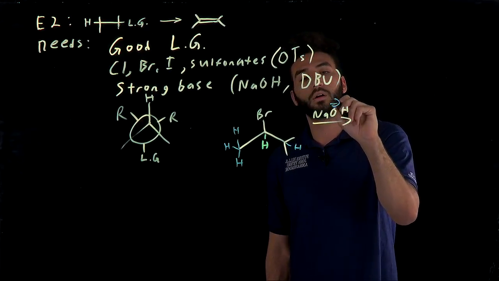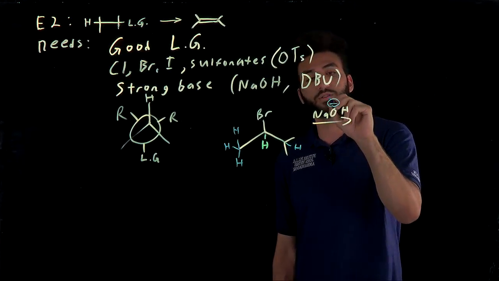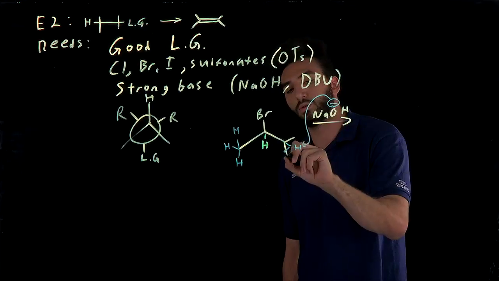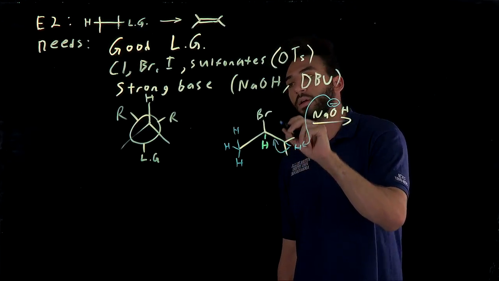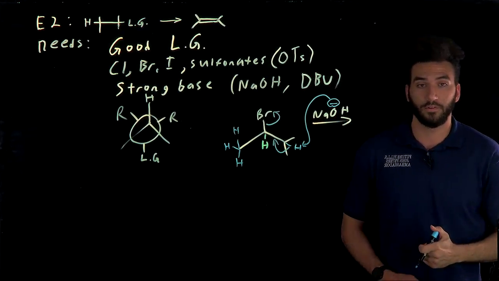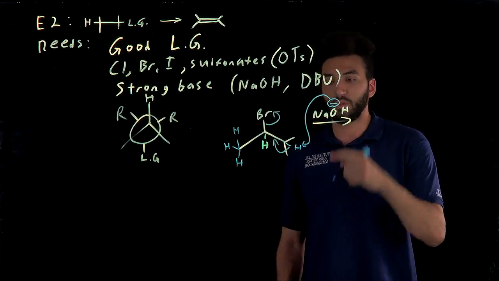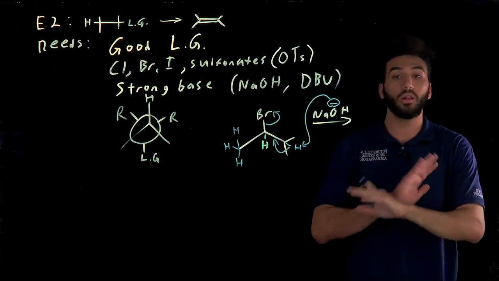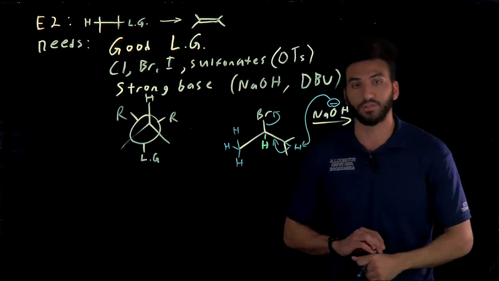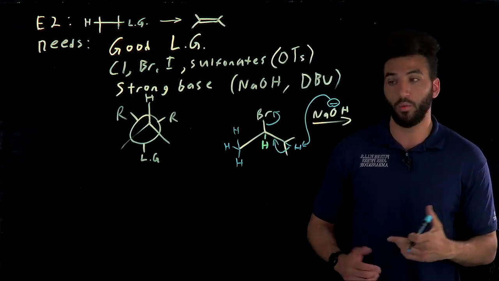So here, OH's negative charge is going to pull this hydrogen. This hydrogen is going to form that bond, and then this Br is going to leave. That is your mechanism for an E2 reaction, right? Just these three things happening all in one step, okay? That's why E2 is a concerted reaction. Concerted meaning happens all at once.